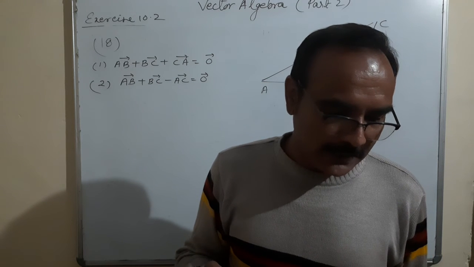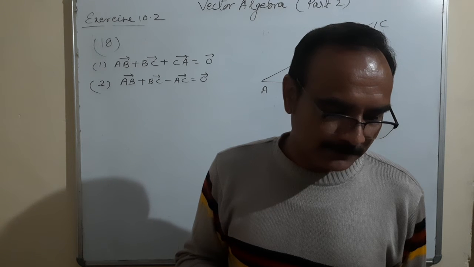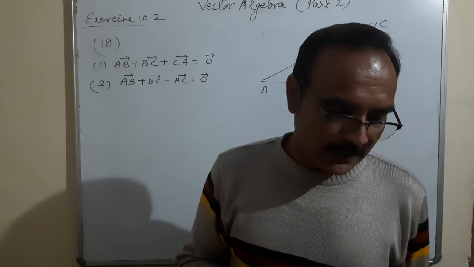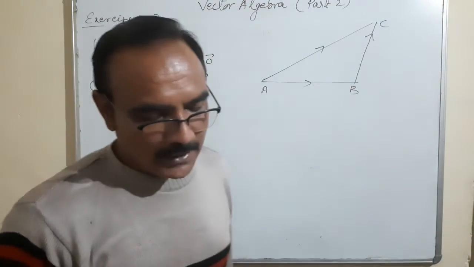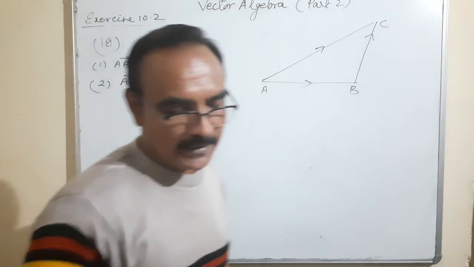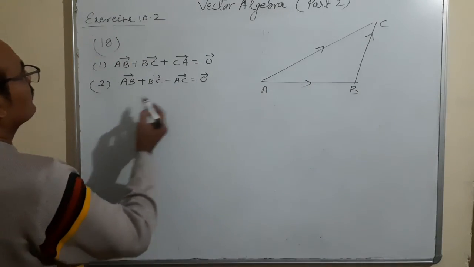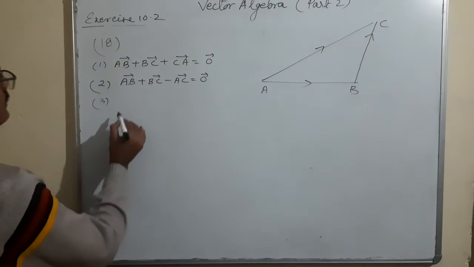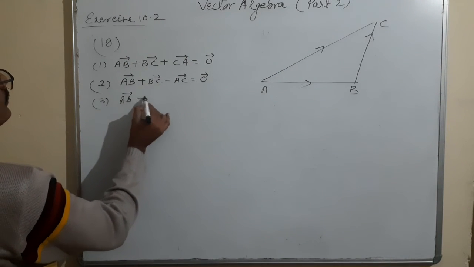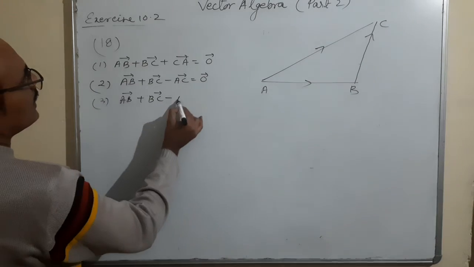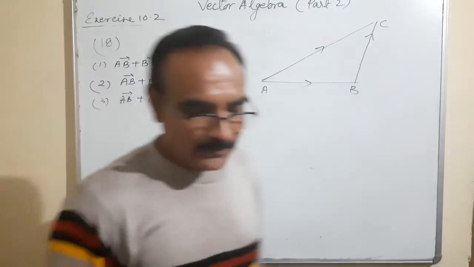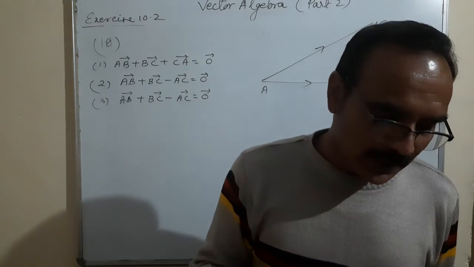The second and third parts are exactly the same. Maybe it is CA in one of them. Third part is written like this in the book; I am writing it as it is, then we'll change it. AB plus BC minus AC is 0.